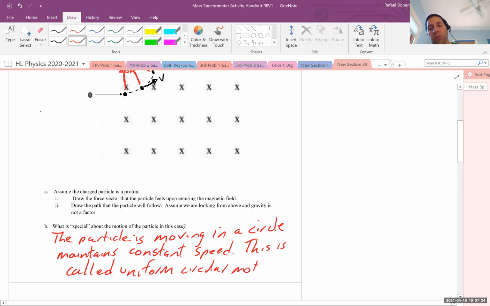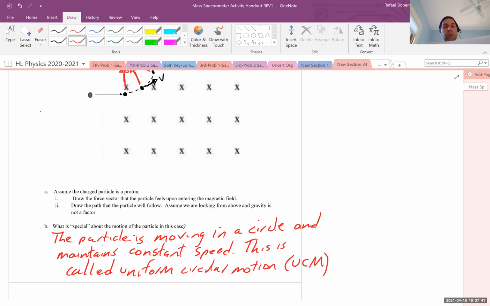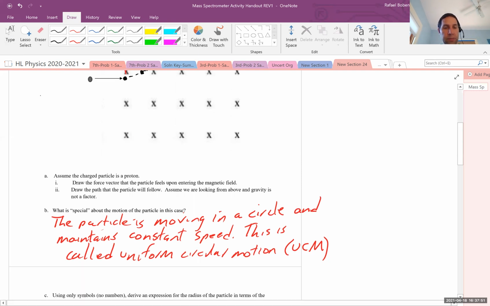And we have this abbreviation you'll see sometimes, I'm going to use it here, UCM. So the particle is moving in a circle and maintains a constant speed. This is called uniform circular motion. Okay, so now that should ring bells in your head because we have studied uniform circular motion. Remember the flying pig and things like that? For uniform circular motion, there are equations in section 6.1 that we're going to use to help analyze the situation.